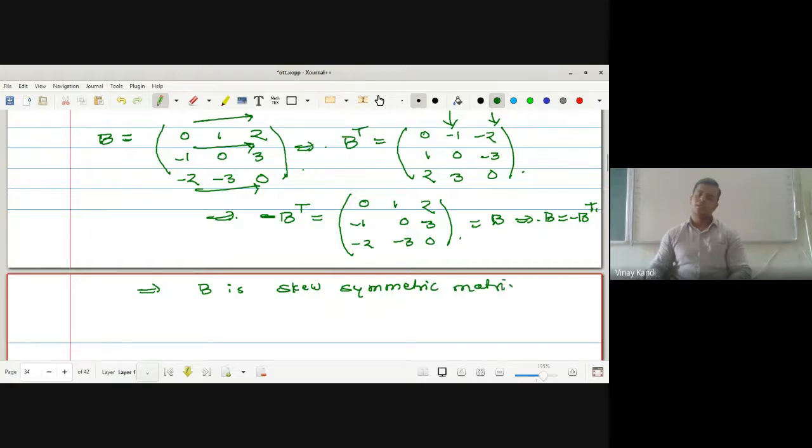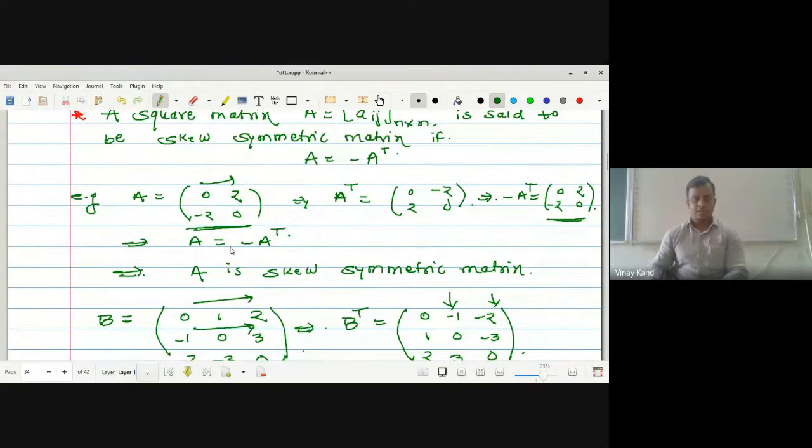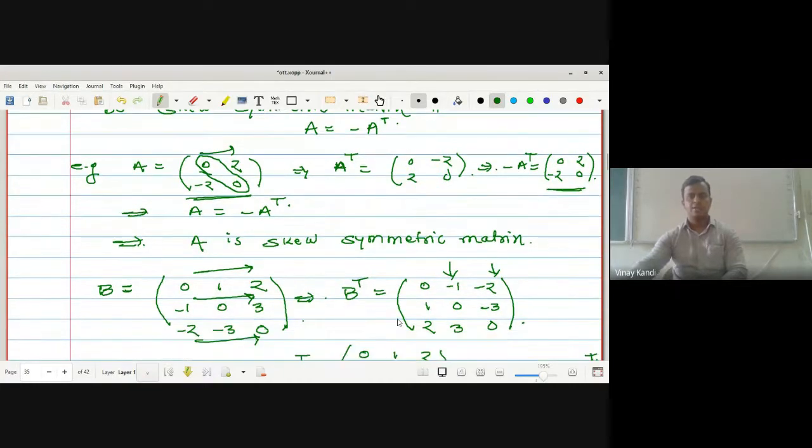Did you observe? If the matrix is skew symmetric, all the diagonal elements must be 0.